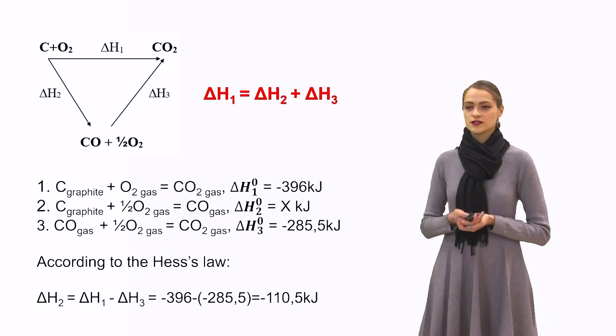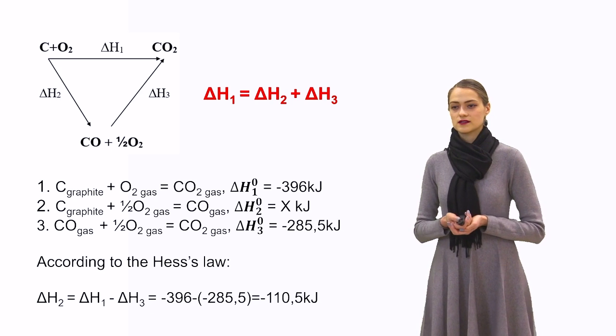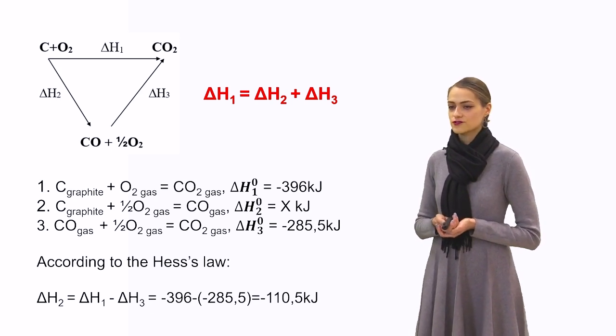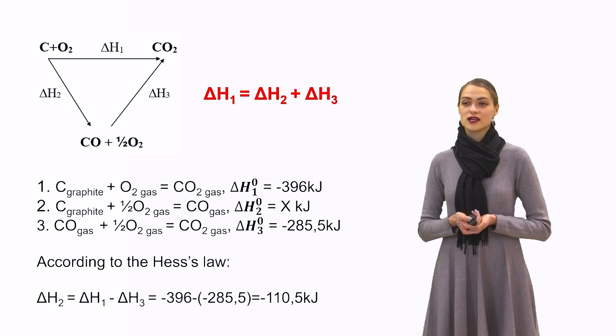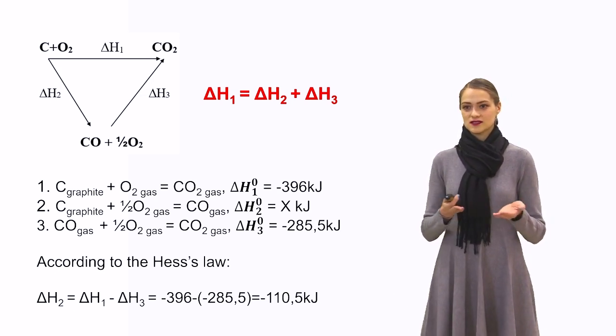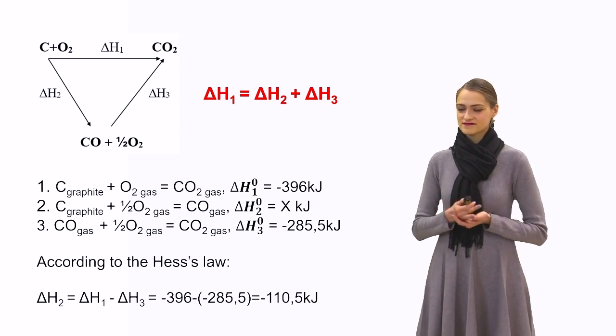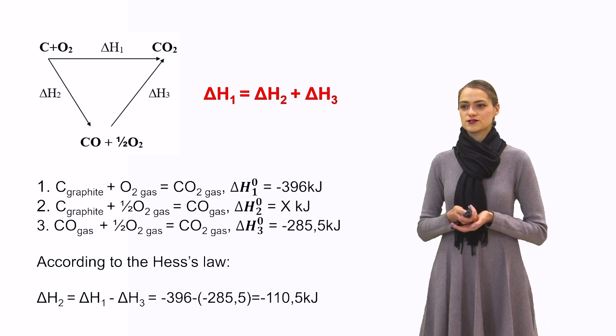In this situation, the difference equals minus 110.5 kilojoules. So we as well have an exothermic reaction. And now we can see that we easily calculated heat effect of second step, delta H2.